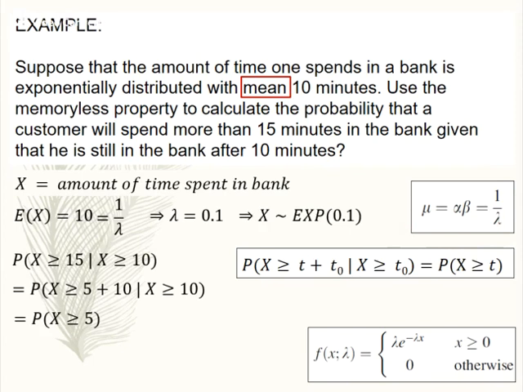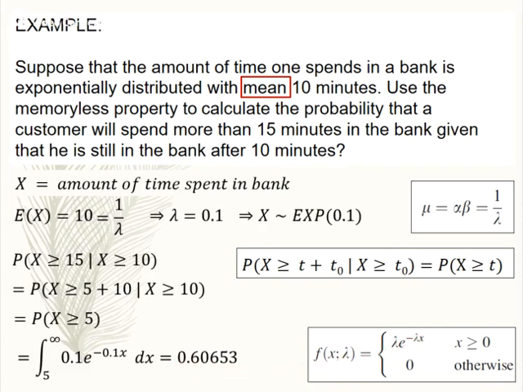Okay? So you can integrate from 5 to infinity over this PDF with parameter 0.1 in place of the lambdas. And then that is how you'll end up with this final answer.